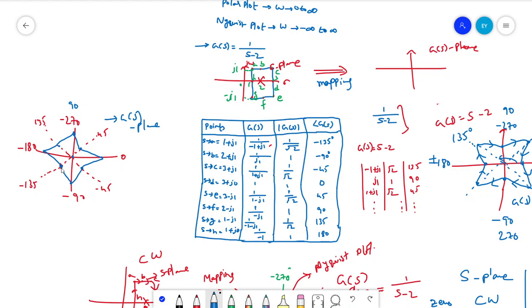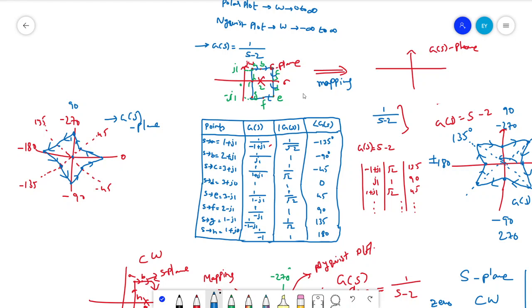The first point is at minus 135, going towards minus 90, minus 45, to 0. If you observe the direction of the path it travels, it is anti-clockwise. But in the S plane we are going from A to B, B to C, C to D in this way.